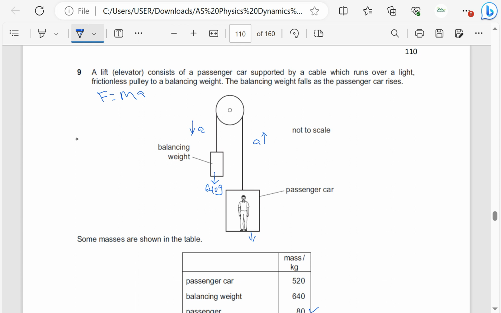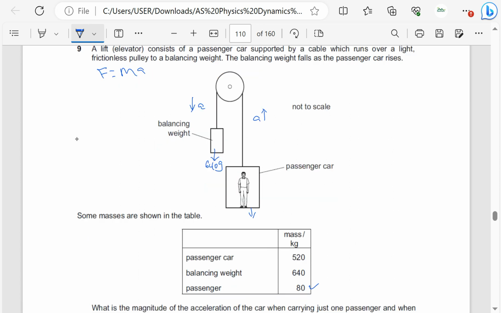Here we have the weight of the passenger car and passenger. The passenger car is 520 kilograms and the passenger is 80, so the sum is going to be 600 kilograms. So the weight here is going to be 600 times g.